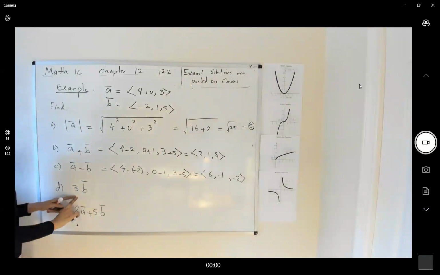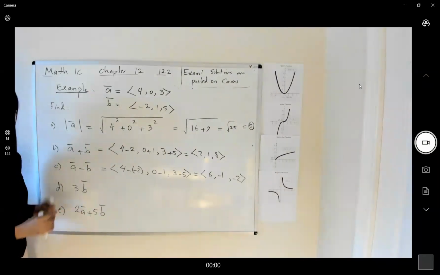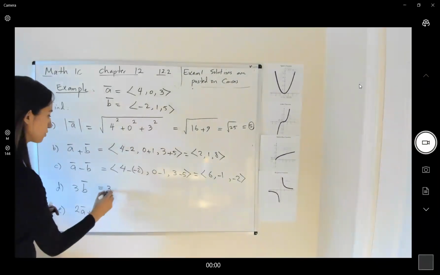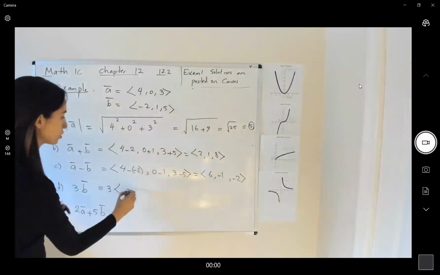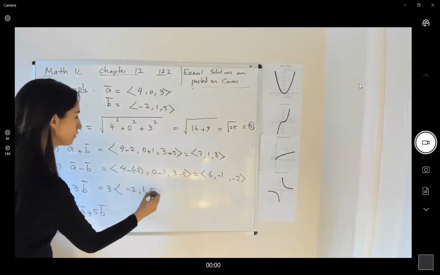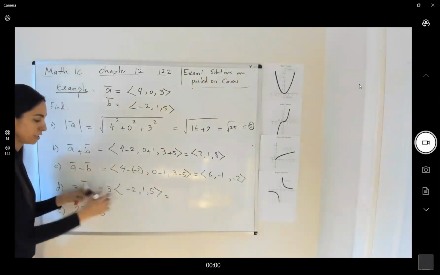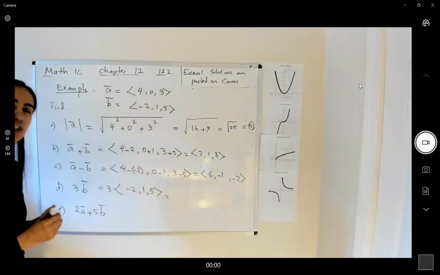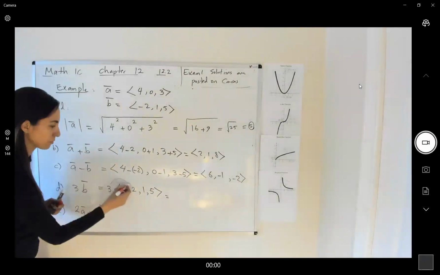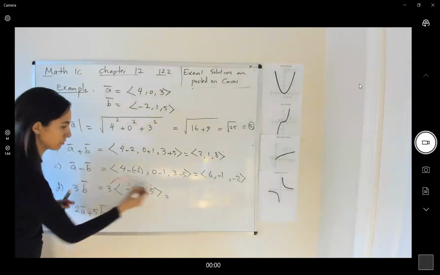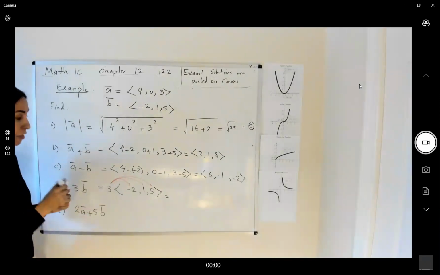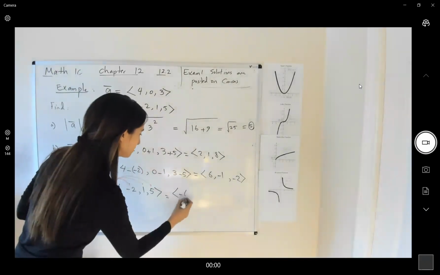Scalar multiplication: 3 times vector B, which is (-2, 1, 5). We have to multiply all of these coordinates by 3. Or you can say that I'm going to distribute 3. You get -6, 3, and 15.